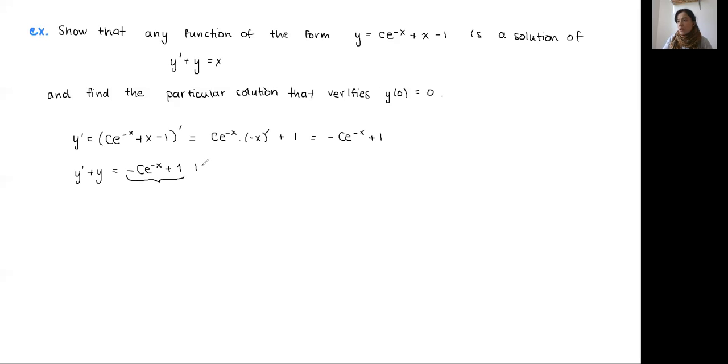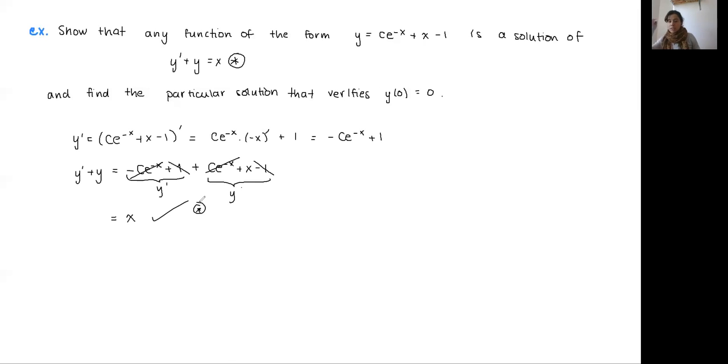Then plus y, which is equal to c e to the minus x plus x minus 1. So this is y prime, this is y. And this is going to be equal to minus c e to the minus x plus c e to the minus x, they cancel out, plus 1 minus 1 cancel out as well. And this is equal to x, which actually verifies exactly the equation that I have over here. So that means that the equation is satisfied.